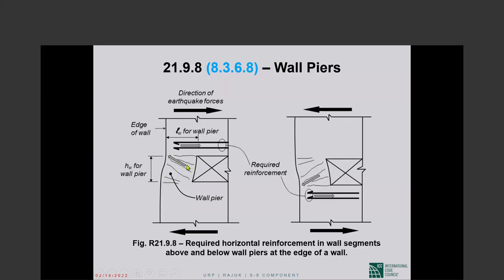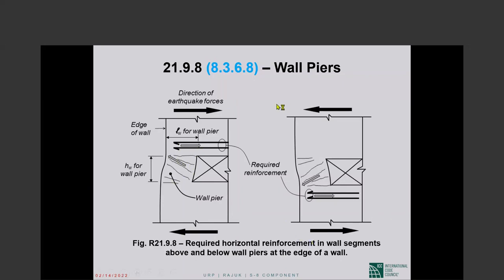To equilibrate that compression, we will have tension at the top of the opening, and we must provide reinforcement to carry that tension.